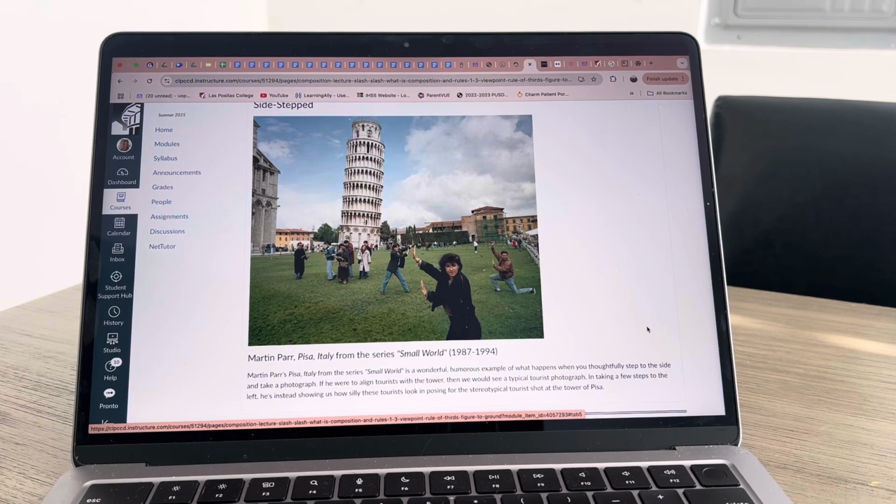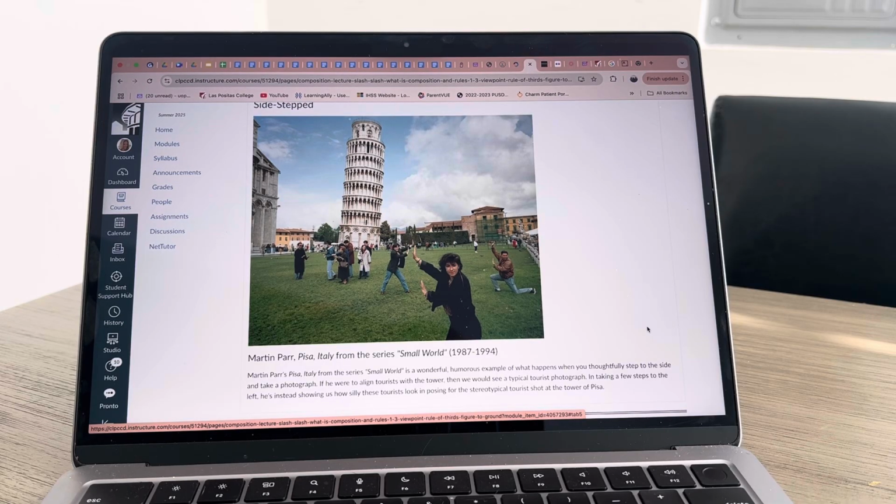Martin Parr, Pisa, Italy, from the series Small World, 1987 to 1994. Martin Parr's Pisa, Italy, from the series Small World, is a wonderful, humorous example of what happens when you thoughtfully step to the side and take a photograph.